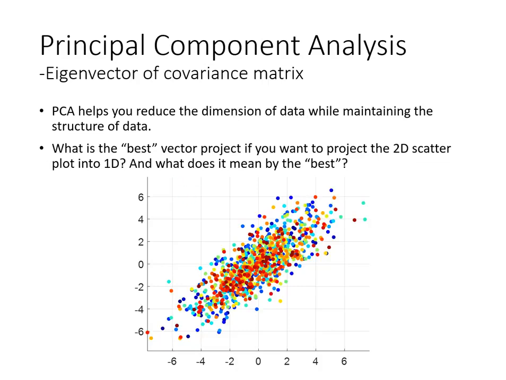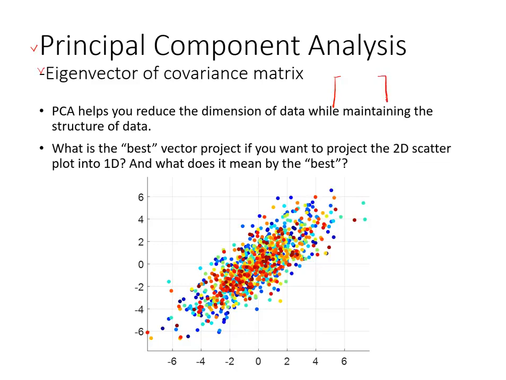For the next topic, I want to talk about PCA, and you have to figure out what the eigenvectors and eigenvalues of the covariance matrix are. PCA helps you reduce the dimension of the data while maintaining the structure of the data. What does that mean?